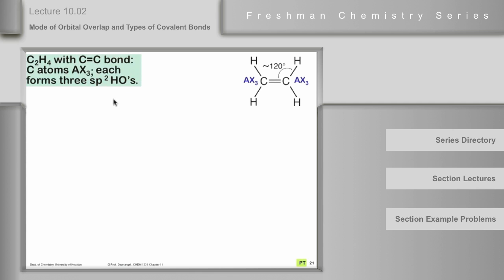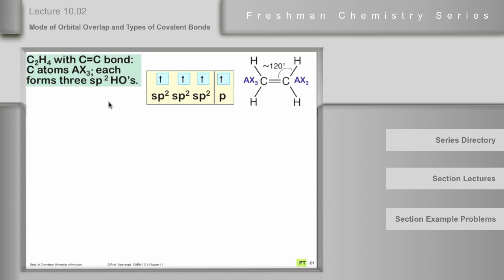Okay, so as you look at this, sp2 hybrid orbitals are triangular planar, or trigonal planar. So this section of the molecule is flat, and this section over here is flat, and that's because of the characteristics of sp2 hybrid orbitals.